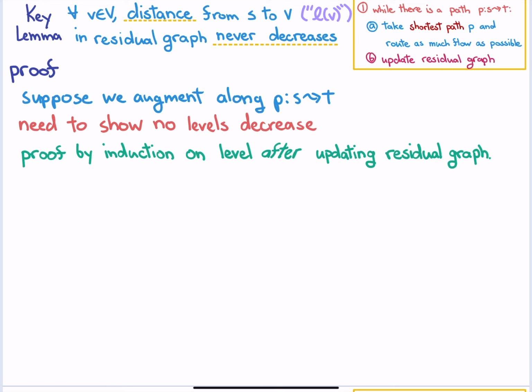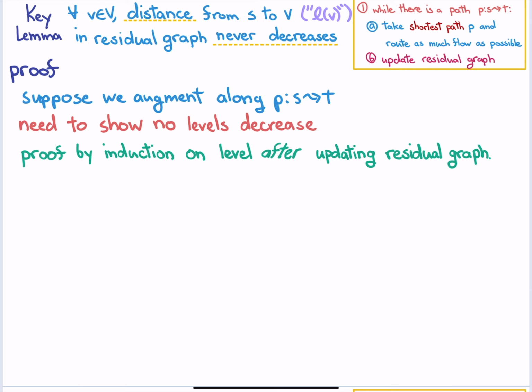We're going to do this by induction on the level of the vertex after the augmentation. There might be other ways to prove it, but this is how I went about it. So we'll do it by induction on the level after updating the residual graph, so after routing the flow along P and all that stuff.